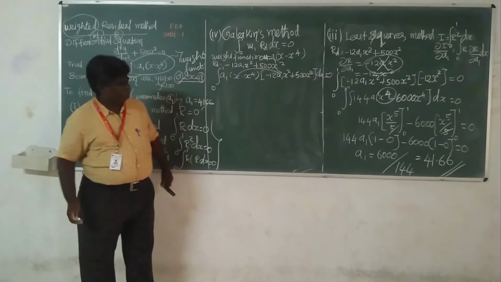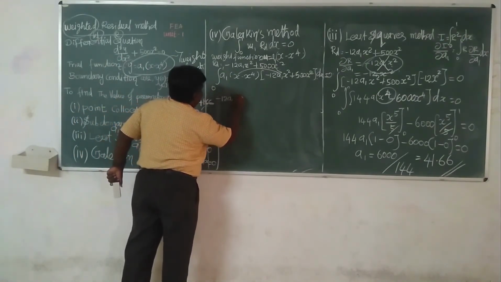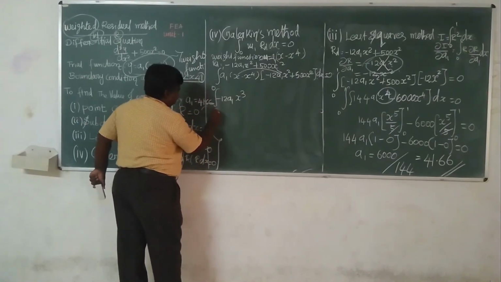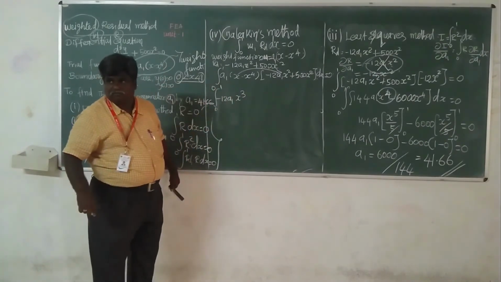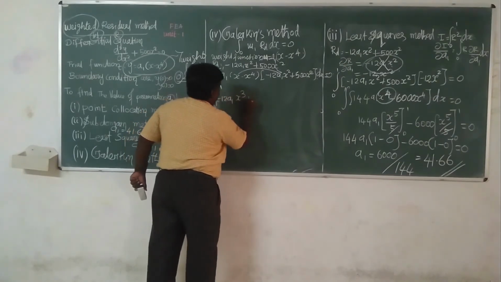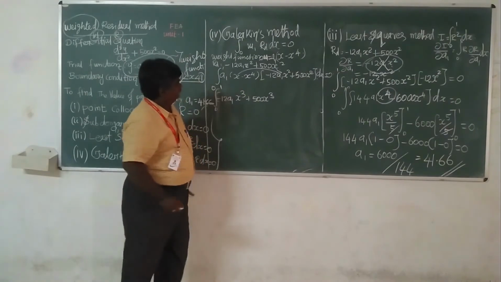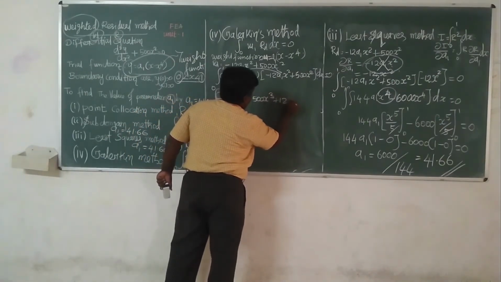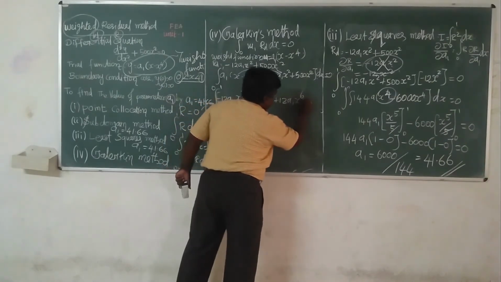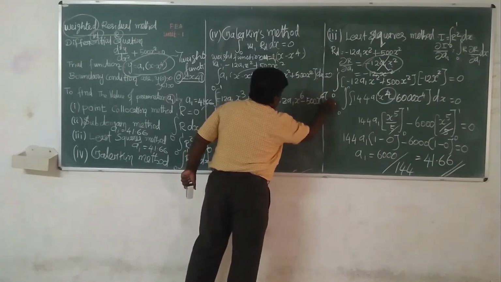Can you give the values? Minus 12 a1 x cube, plus 500 x cube, plus 12 a1 x power 6, minus 500 x power 6, into dx. Yes sir.